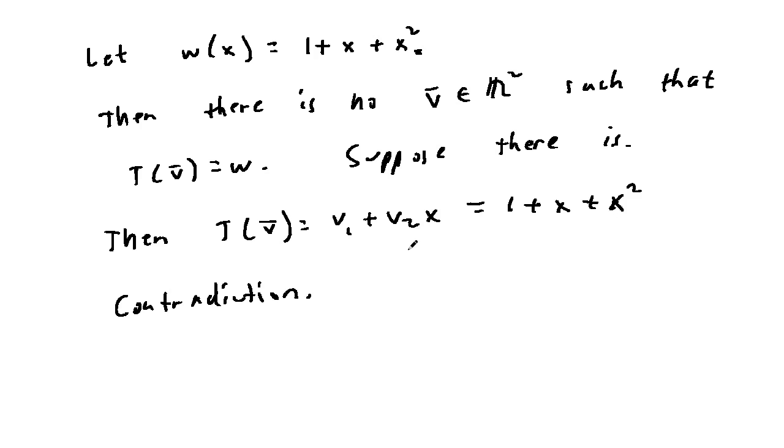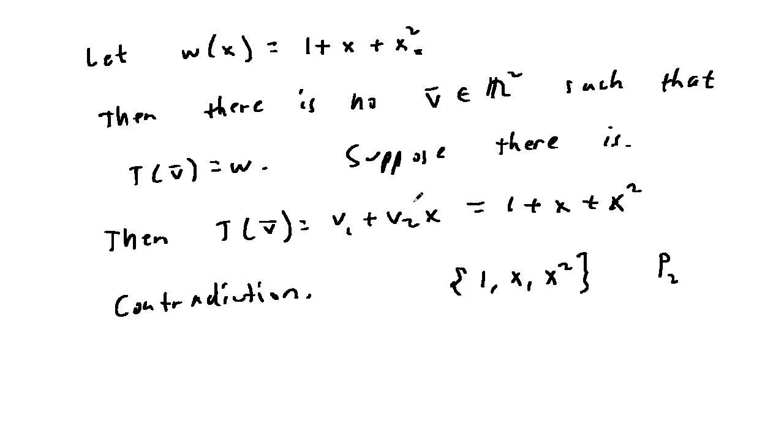Now let me explain this a little bit more. The set consisting of 1, x and x squared forms a basis for P2, the set of all polynomials of degree less than or equal to 2. And every polynomial in P2 can be written uniquely as a linear combination of these basis vectors. So here we have 1, x and x squared, and yet here on the other side we have v1 plus v2x.